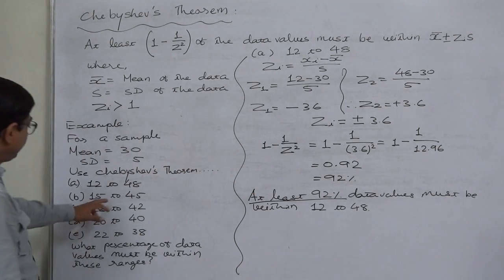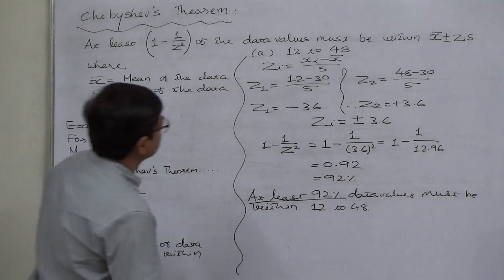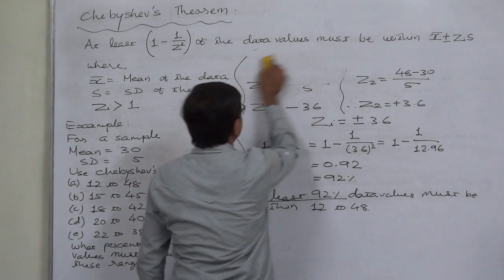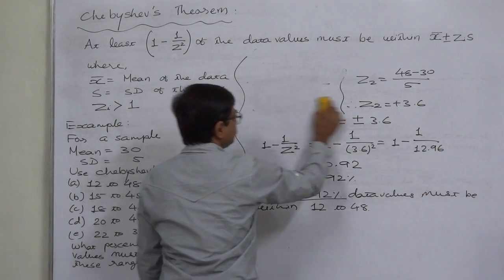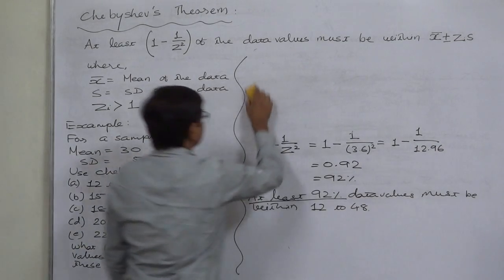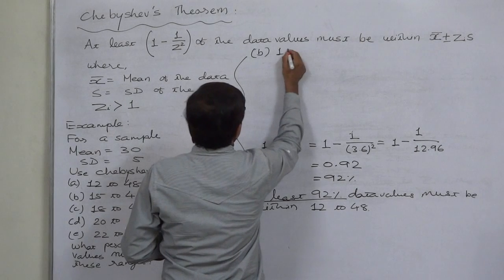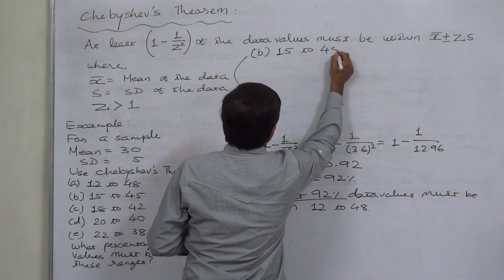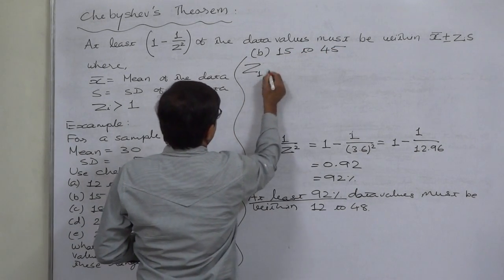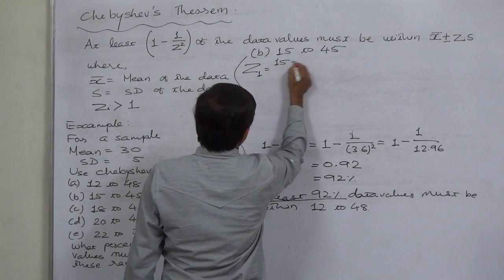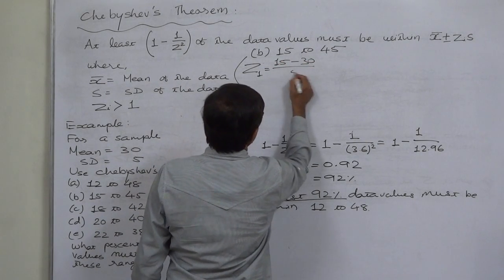Now the next is 15 to 45. First z for 15 will be 15 minus 30 divided by 5.